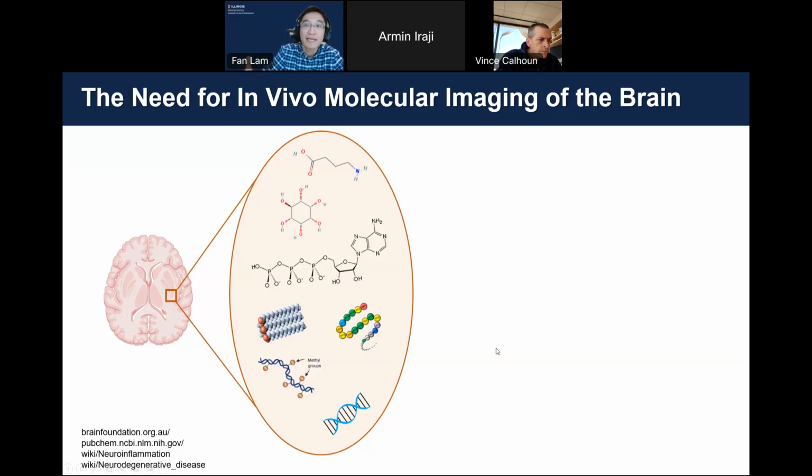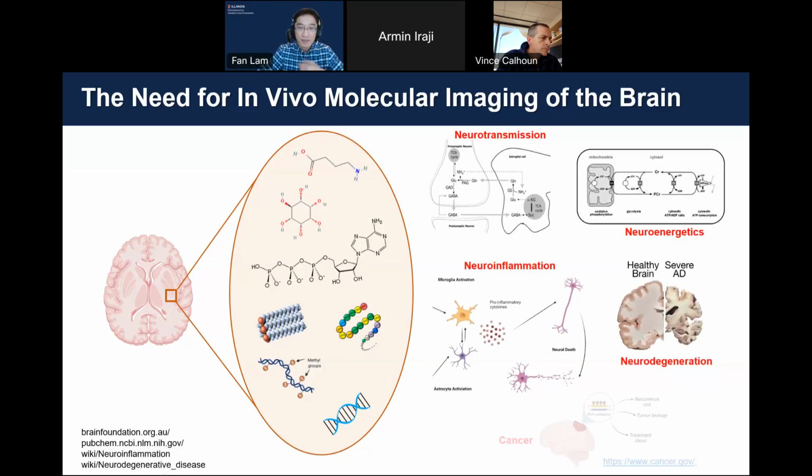They all play very important physiological functions, and understanding their relative abundance, their dynamics, and their interactions has a lot of implications for the basic science study of physiological processes such as neurotransmission, energy metabolism, and pathological processes related to many different neurological diseases and neurodegenerative disorders.